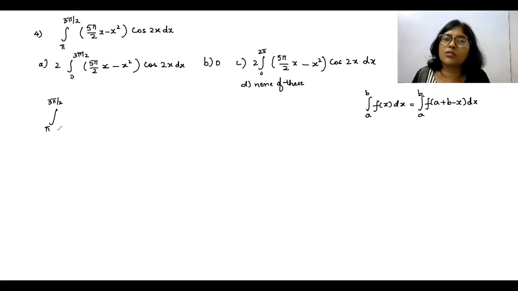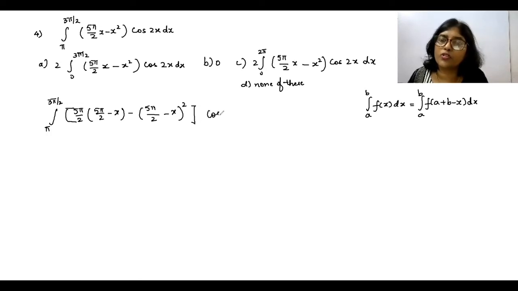Instead of x now, a plus b is 5 pi by 2. So wherever there is x, I will write 5 pi by 2 minus x, minus again x square. So 5 pi by 2 minus x the whole square, close the bracket, cos 2 into 5 pi by 2 minus x. So the whole integral function becomes this kind.